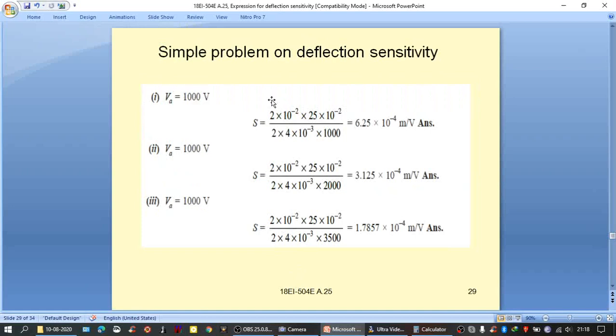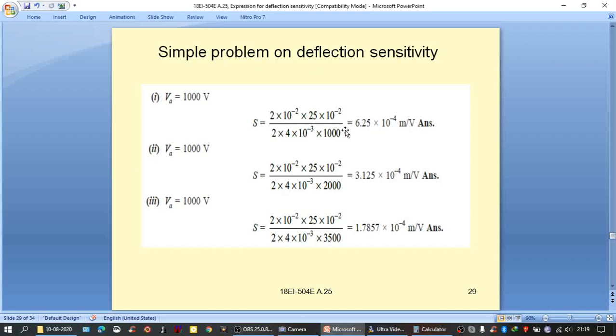That is, Ld is 2 into 10 power minus 2 and L is 25 into 10 power minus 2, divided by 2 into d into Va. Now, if you see here, numerator 10 power minus 4, denominator 10 power minus 3.